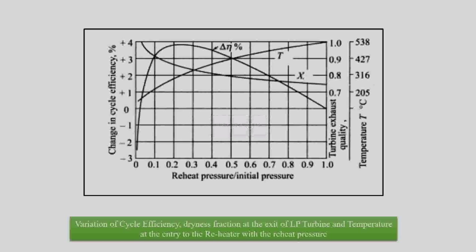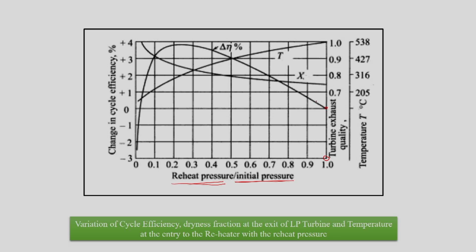What we saw is the ratio of reheat pressure and initial pressure, that is, the high pressure turbine pressure, where the reheat pressure is the pressure at which we are going to reheat. If that ratio is 1, we are not reheating, so we have a certain efficiency.